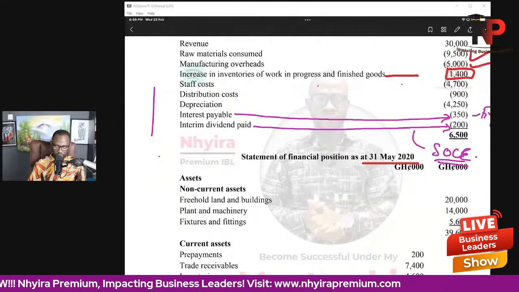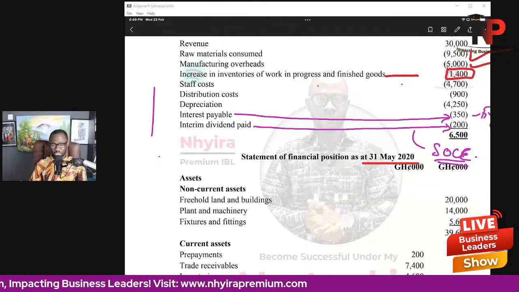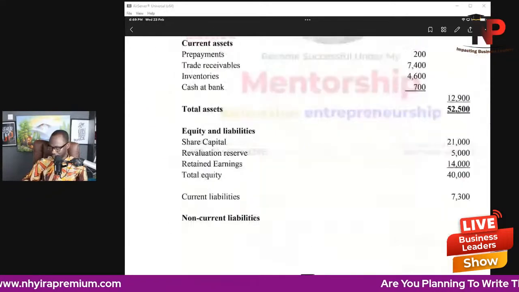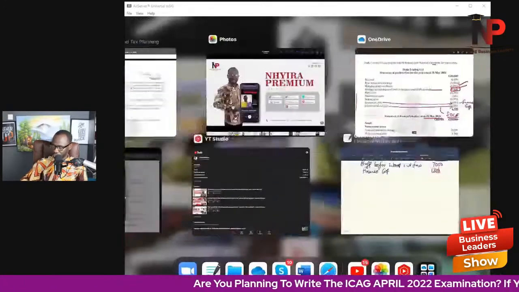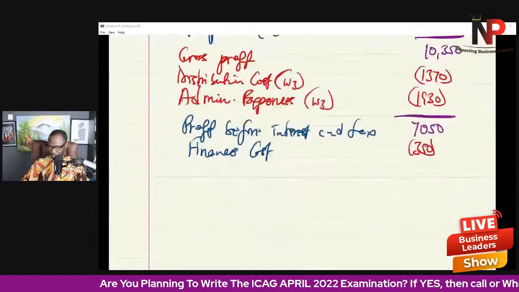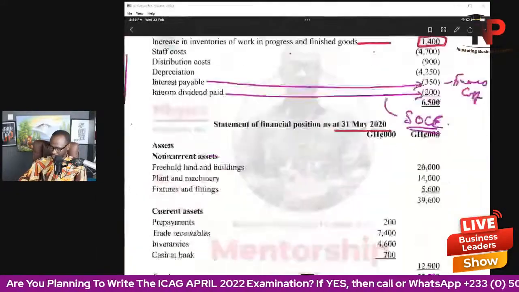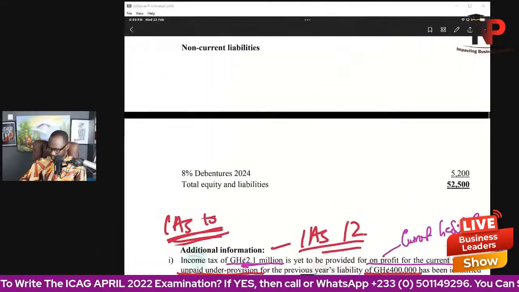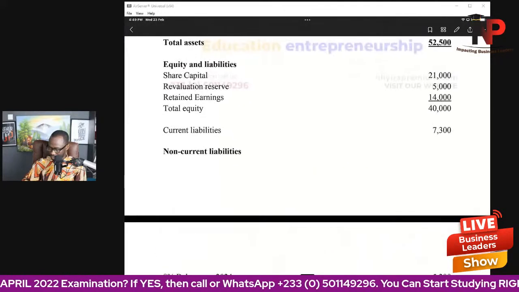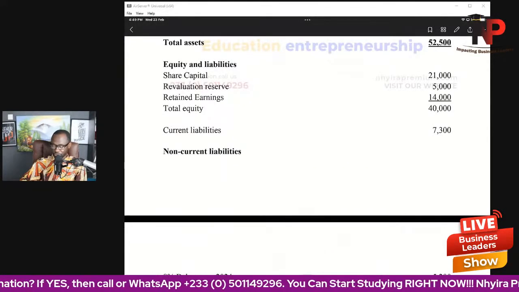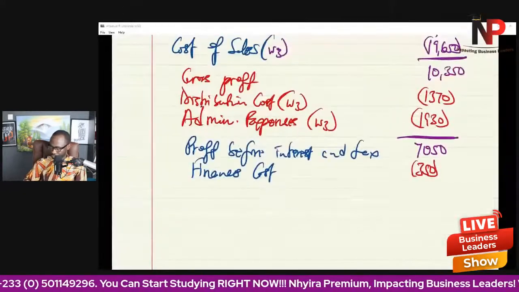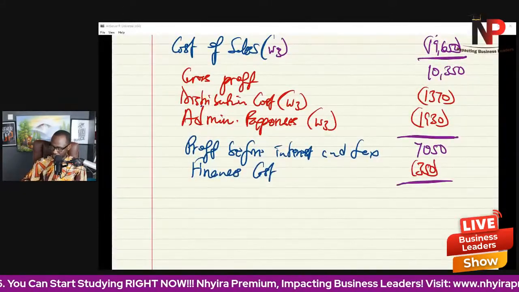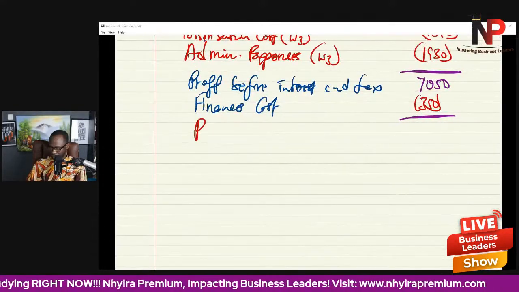We're going to look at whether there is information about that we need to think about, because I think they have the statement of financial position extract and it's under current liability. So probably it's already included in their statement of financial position extract. So we subtract that. That gives us profit before tax.